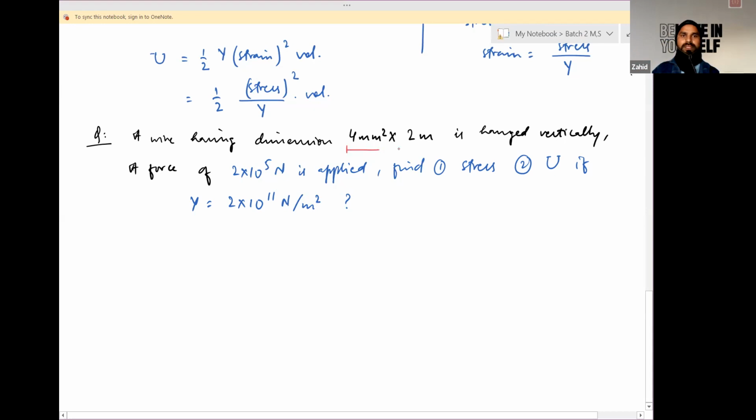Using this, you may write it in two parts. Length of wire is 2 meter and area of cross section is 4 mm squared. Force is 2 into 10 to the power 5 Newton, and Young's modulus is 2 into 10 to the power 11 Newton per meter squared.